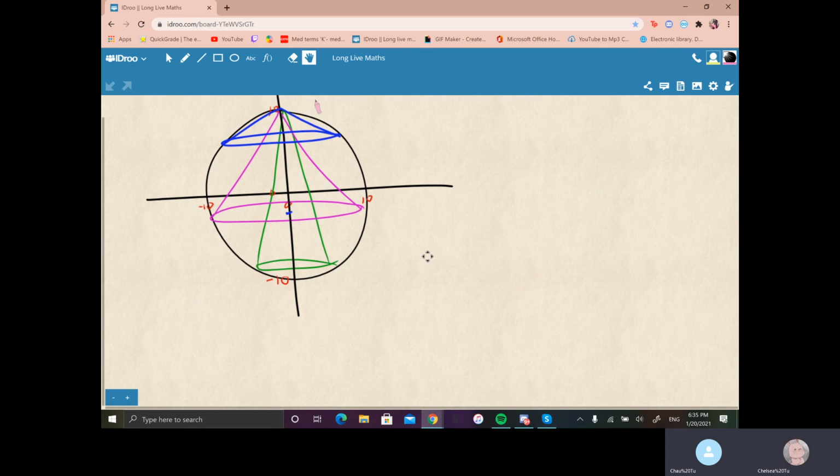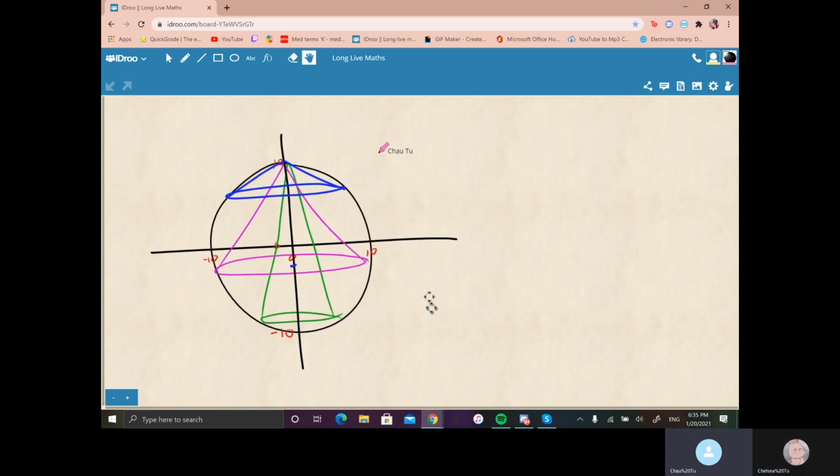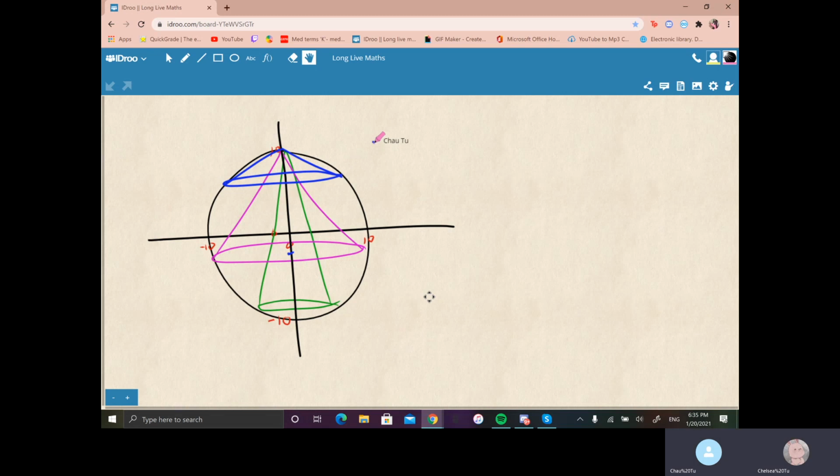Do you know the formula for a volume of a cone? Volume equals base times height times length. Width. What do you mean? So you've got a cone here like this. Do you know the formula for a volume of a cone? Base times height times something else. I can't remember.